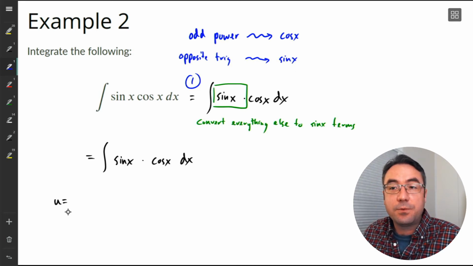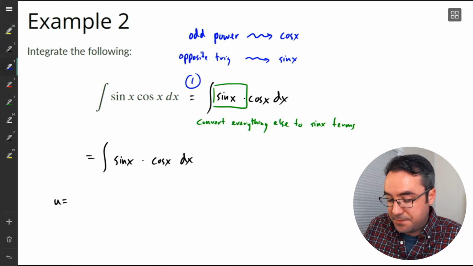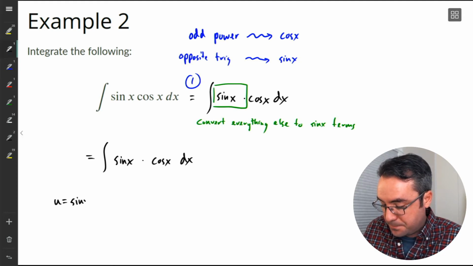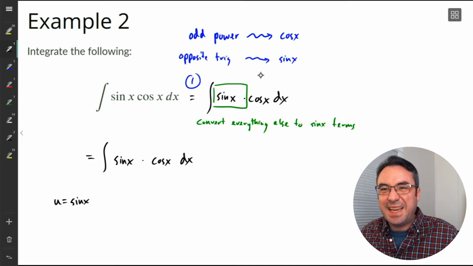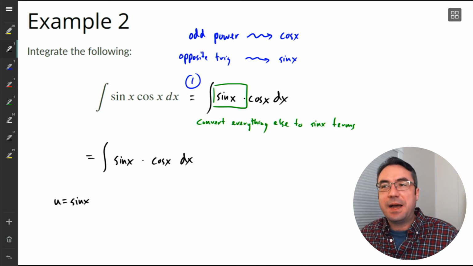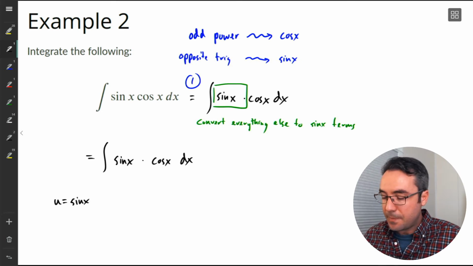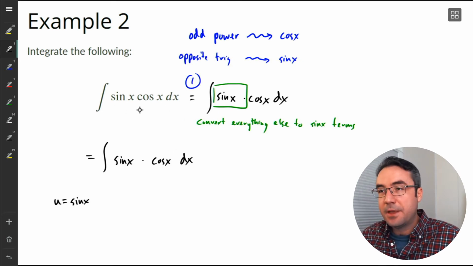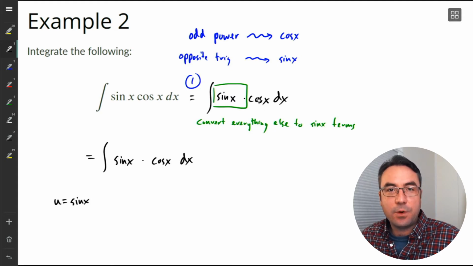We're going to let u equal sine of x. For these problems, you want to think of sine and cosine as being opposite each other. So step one, we identify the odd power. We move one factor of that odd trig function next to our dx.